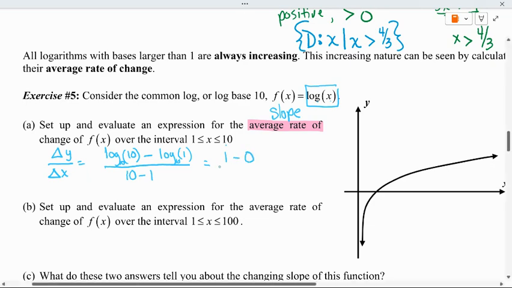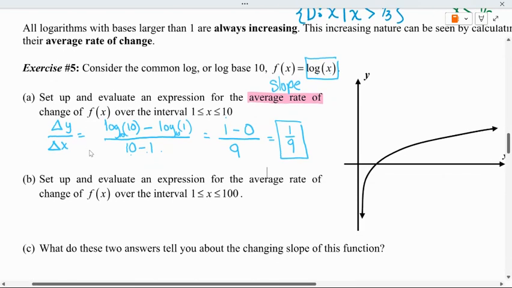So my output is 0. And what is 10 minus 1? It's 9. So the average rate of change of the common log function between the interval 1 and 10 is 1/9.